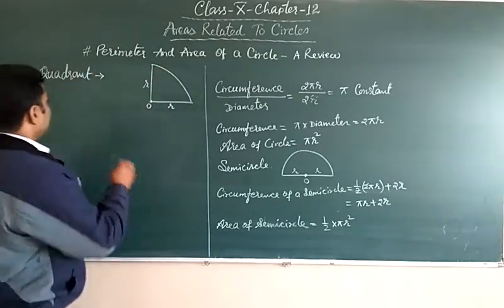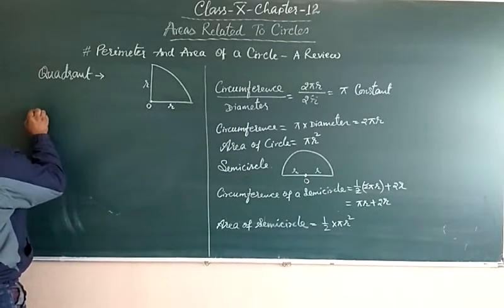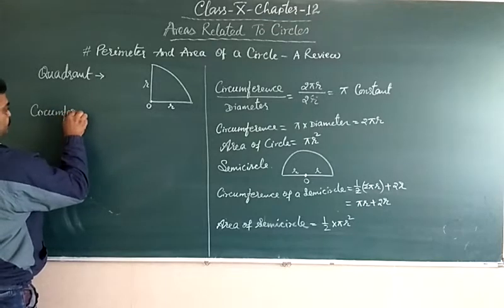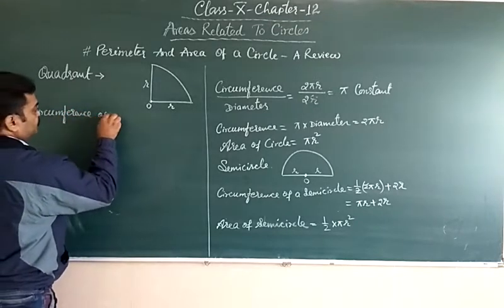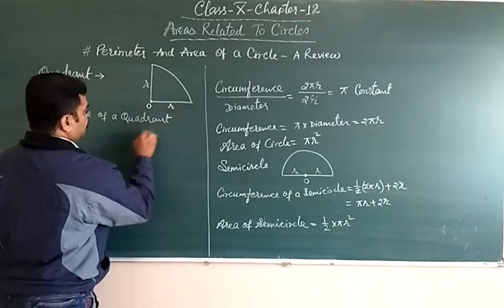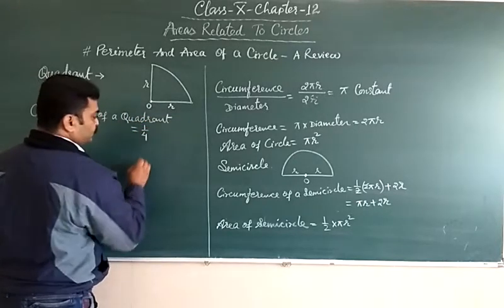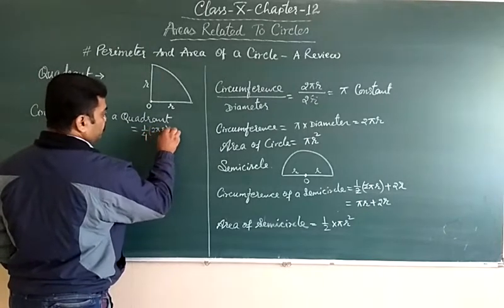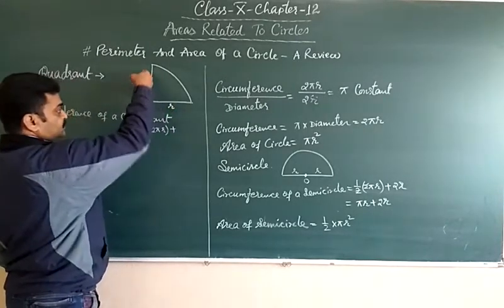Okay. So the circumference of a quadrant is equal to 1/4 the circumference of a circle, that is 1/4 of 2 pi r, plus this distance and this distance, that is 2r.